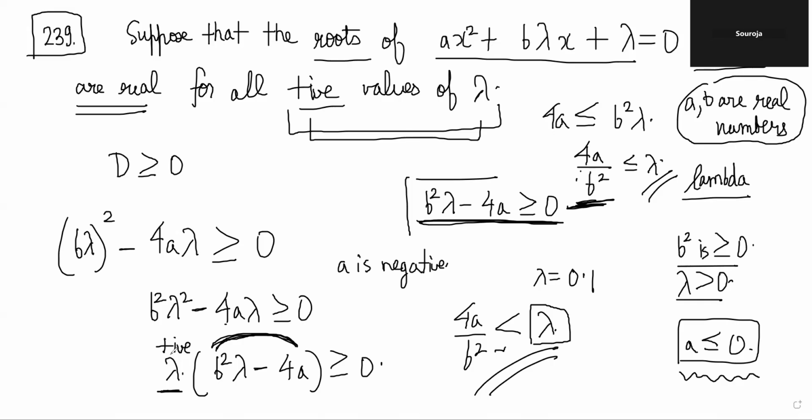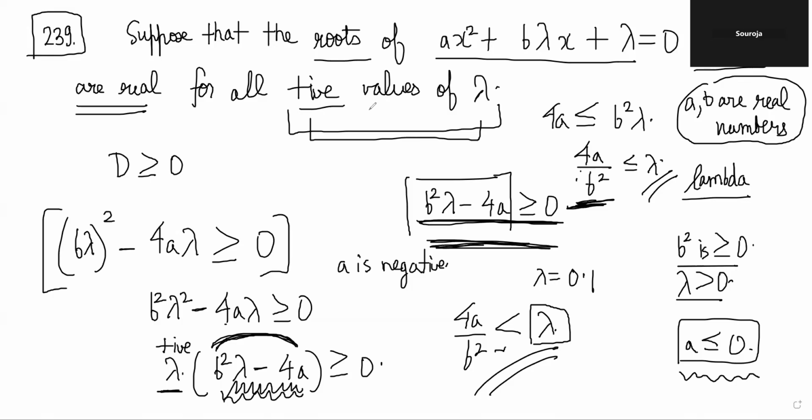So the question starts with the discriminant. Then you should realize that because lambda is positive, I only need to ensure that this part is positive. Now you have to think that lambda can be any positive value, but it could be a small value.